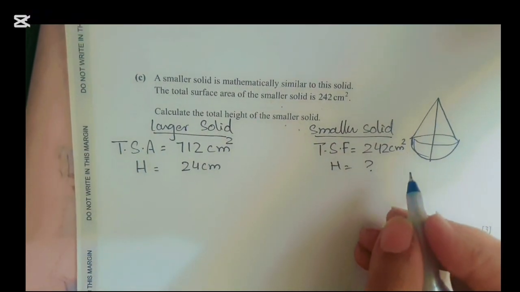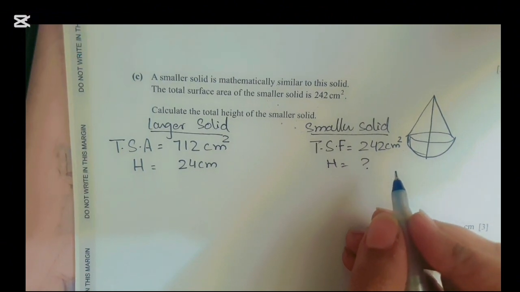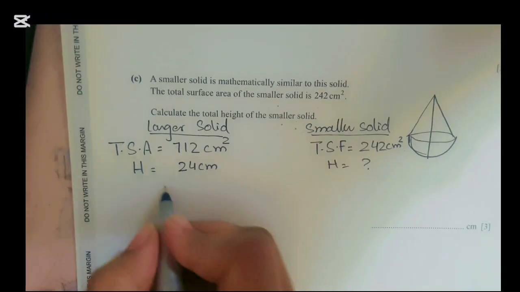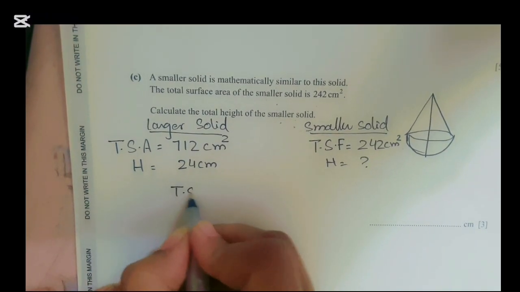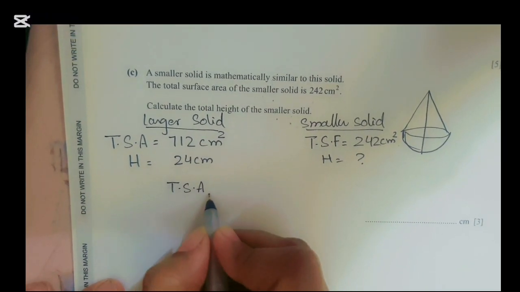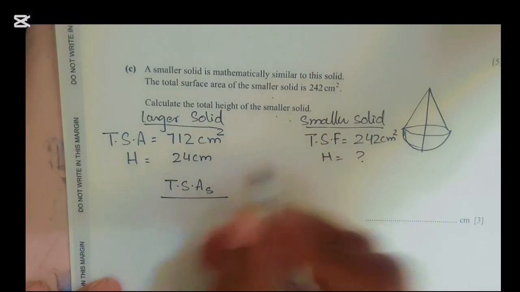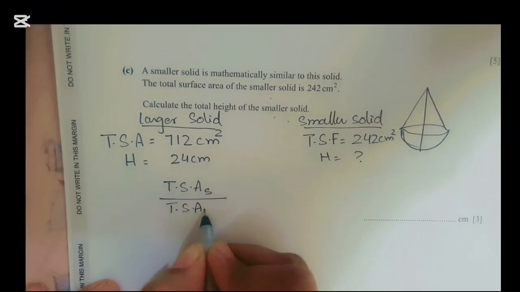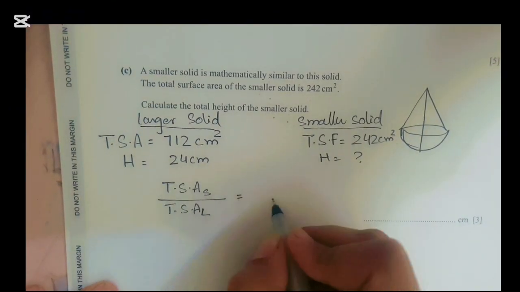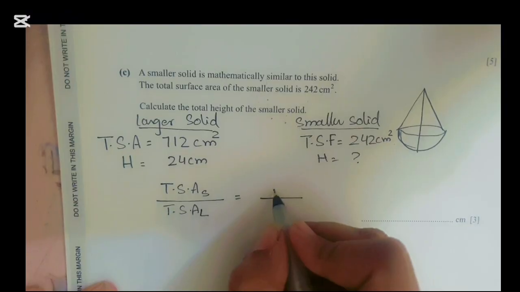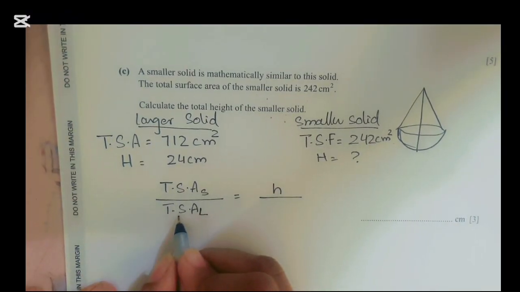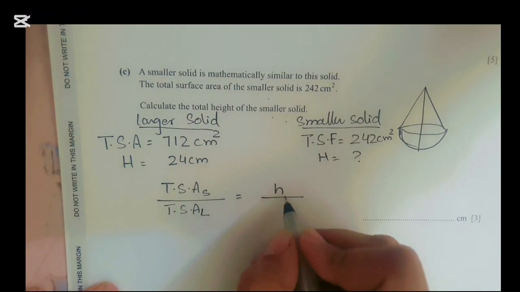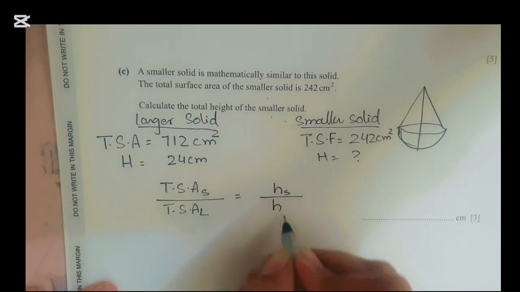Now we have to use the formula for similar figures. We compare the total surface area of the smaller solid and the total surface area of the larger solid, which is equal to the height of the smaller over the height of the larger.